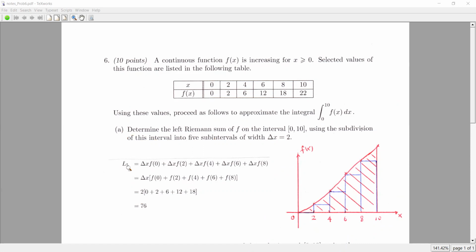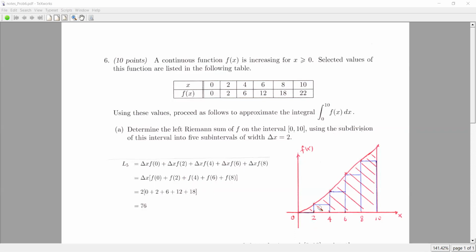The notation is L5. L means left. 5 means the number of the rectangles. The area of the first rectangle is base delta x. It is 2. Base times height. Height is function value at the left endpoint of the interval.